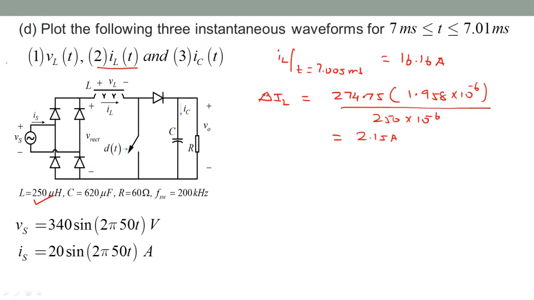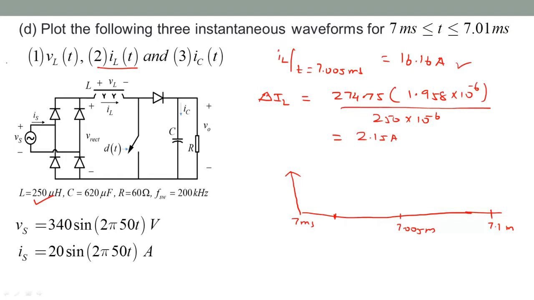Okay, so with these two we can draw the complete inductor current waveform. It's positive, so just the positive part. So again, this will be 7.005 and 7.1 milliseconds. Okay, so this is the DTs period.